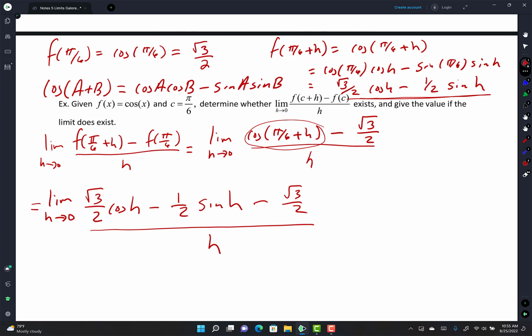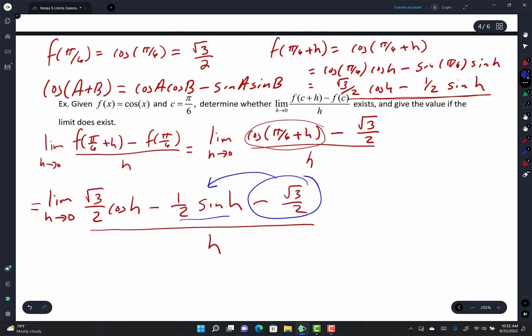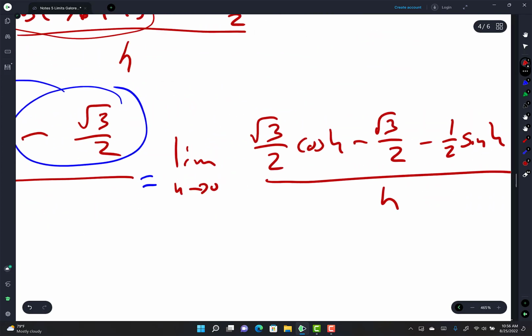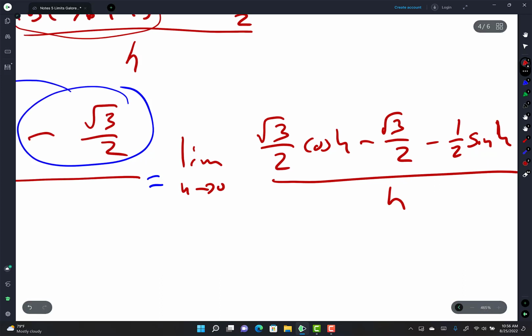I'm going to move this one in blue right here, but there's no equal sign, so I keep the same minus. So I'm going to write limit as h approaches 0, square root of 3 over 2 cosine h minus square root of 3 over 2 minus 1/2 sine h all over h. Are we still cool? I'll zoom in so you guys can see. That's an h there, it just came out.